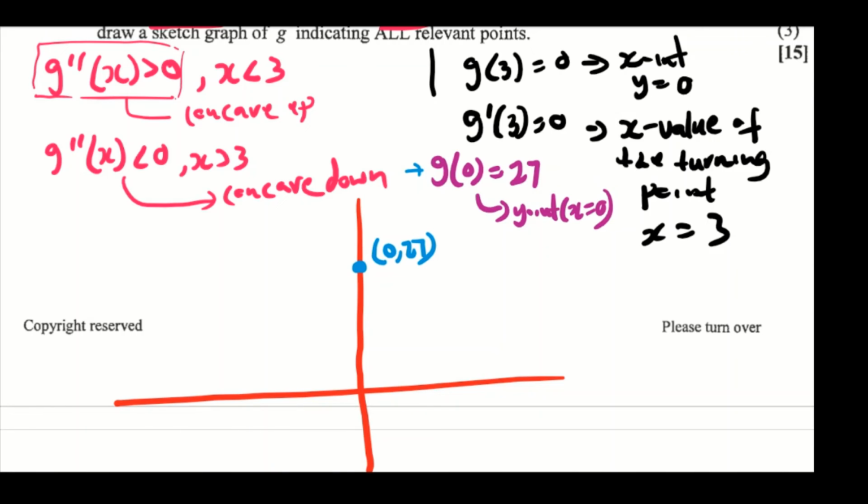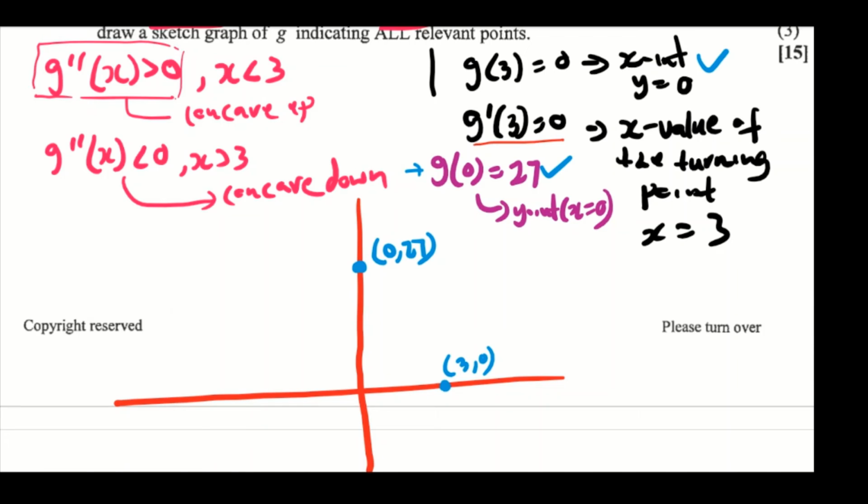That's the first point. Let's see the x-intercept, when y is 0. So we're done with this one. The x-intercept where y is 0 is equal to 3, so it's here, 3 and 0. I'm just going to tick everything that we just finished.